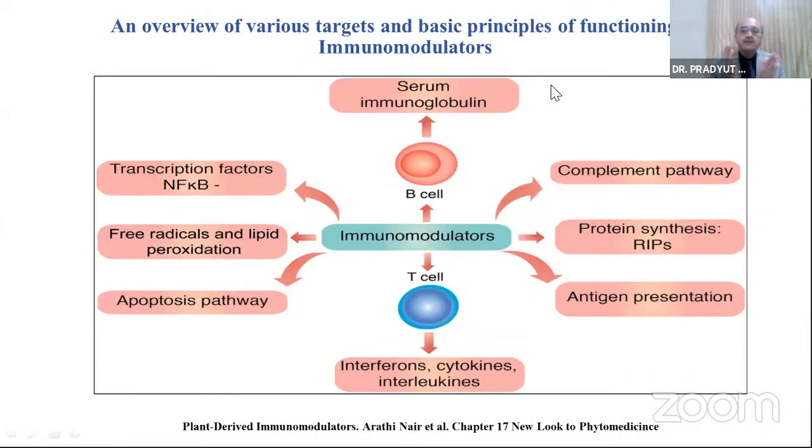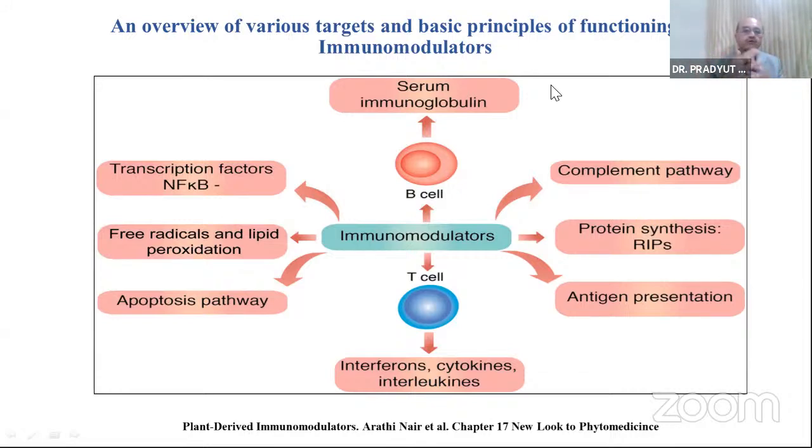Coming to the basic principles of how these immunomodulators function, they act on the B cells, where they produce protective seroimmunoglobulins, and also they stimulate the T cell pathway by producing various interferons, cytokines, and interleukins, which have a protective role against infections. The various targets on which they act are numerous.